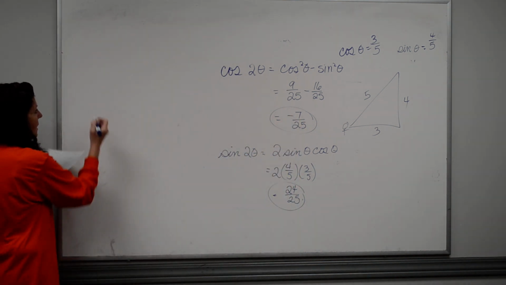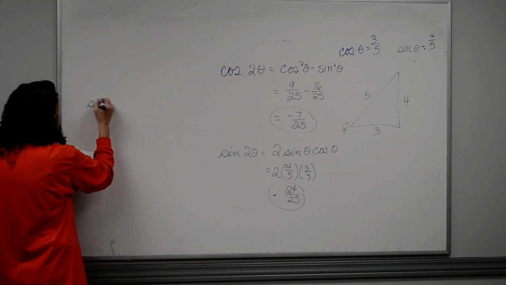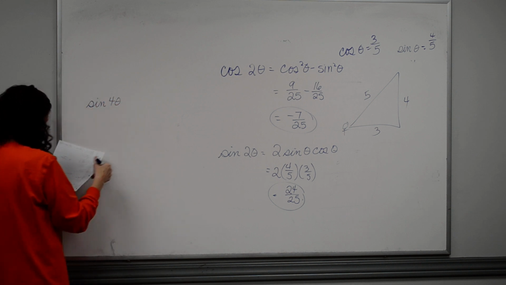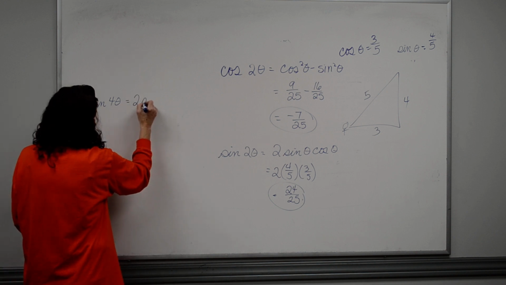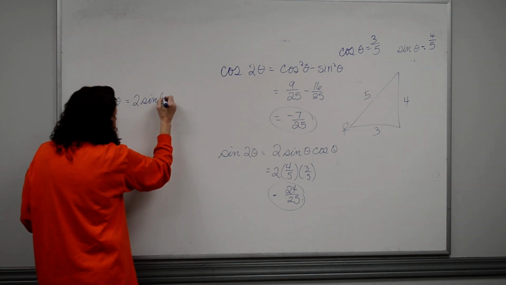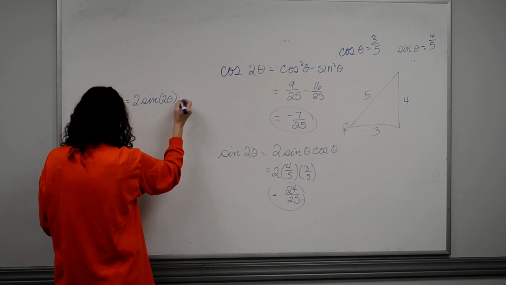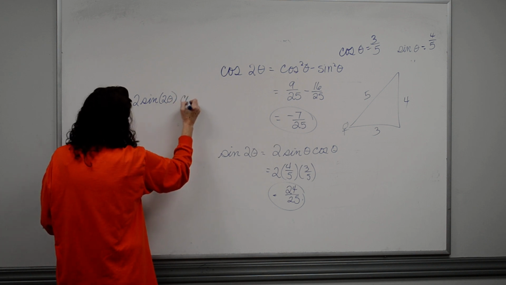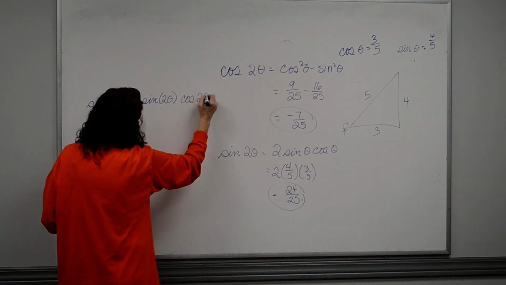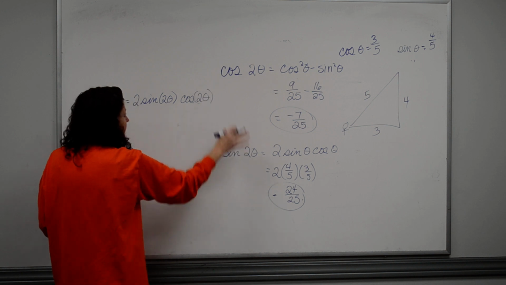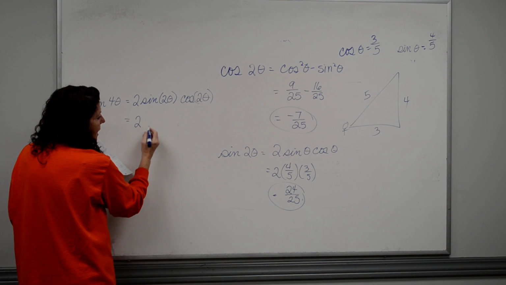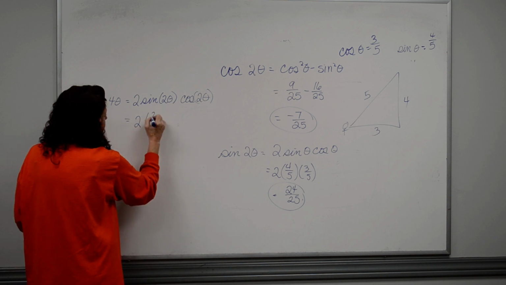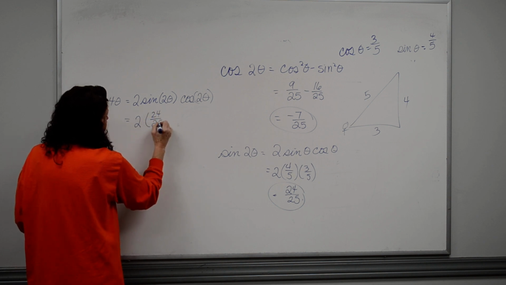So then on 33, when it asks me the sine of 4 theta, that is the same thing as 2 times the sine of 2 theta times the cosine of 2 theta. So it's using the answer that you got for both of those. So 2 times the sine is 2 times 24 over 25.